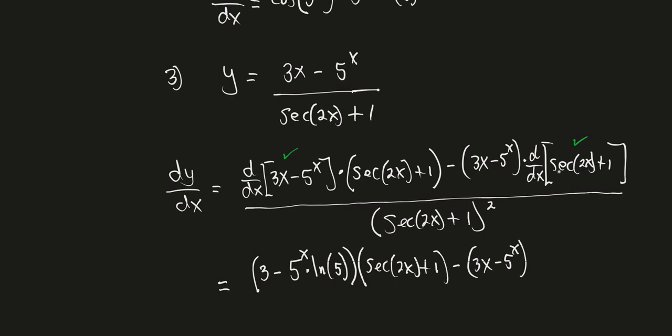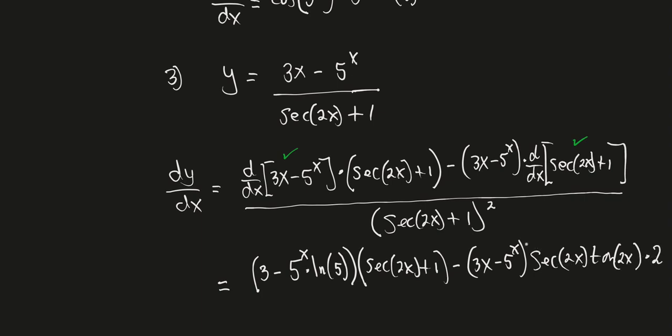Now, to differentiate the secant of 2x, we have to apply the chain rule. The derivative of secant is secant tangent. So it's secant of something times the tangent of something. But what is that something? Well, the chain rule says I have to keep the inner function, which is 2x. So I have to put the 2x back in, and then I have to multiply by the derivative of 2x. So I have an extra 2 right there.